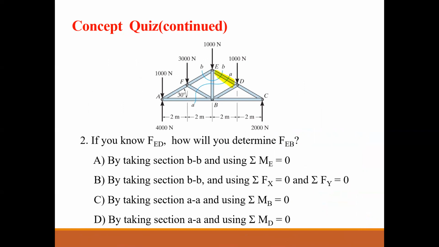Okay, now determine FEB. So we want to find FEB. So this is the question. How can we find FEB? By taking section BB and using the sum of the moment about E, or other options.